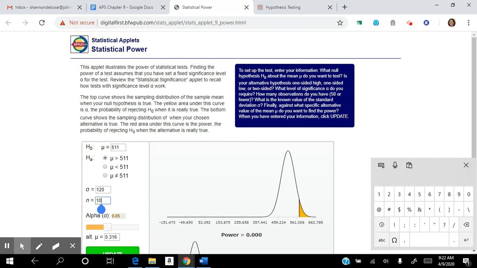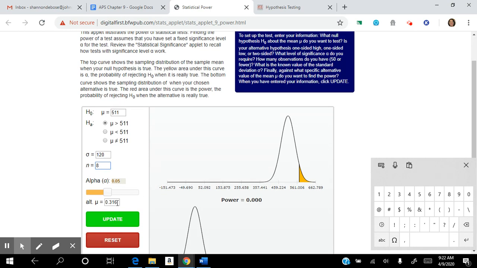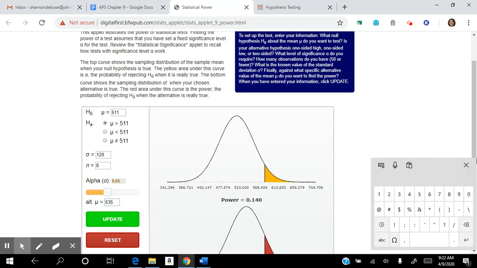And we have a sample size of 8. And then our alpha level was 0.05. And we know that the true mean SAT math score of everybody at Corinth is 535. And I'm going to click update.